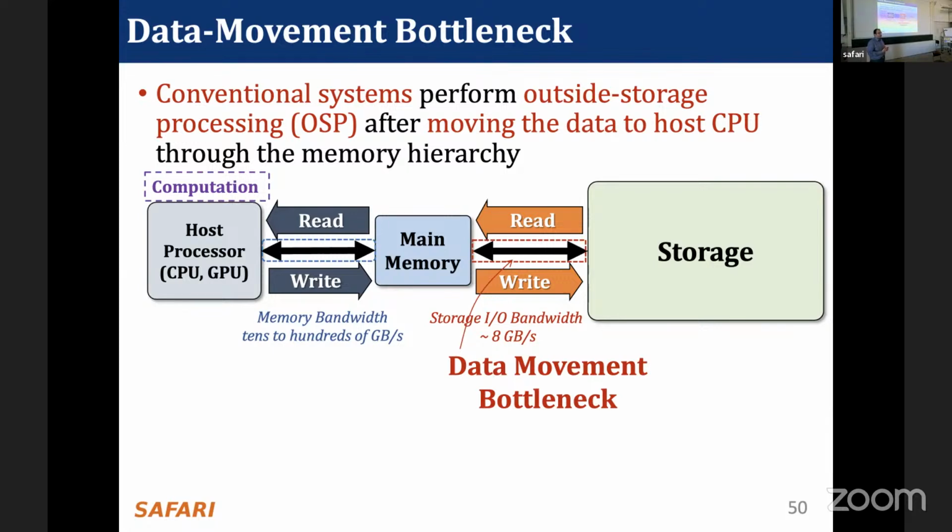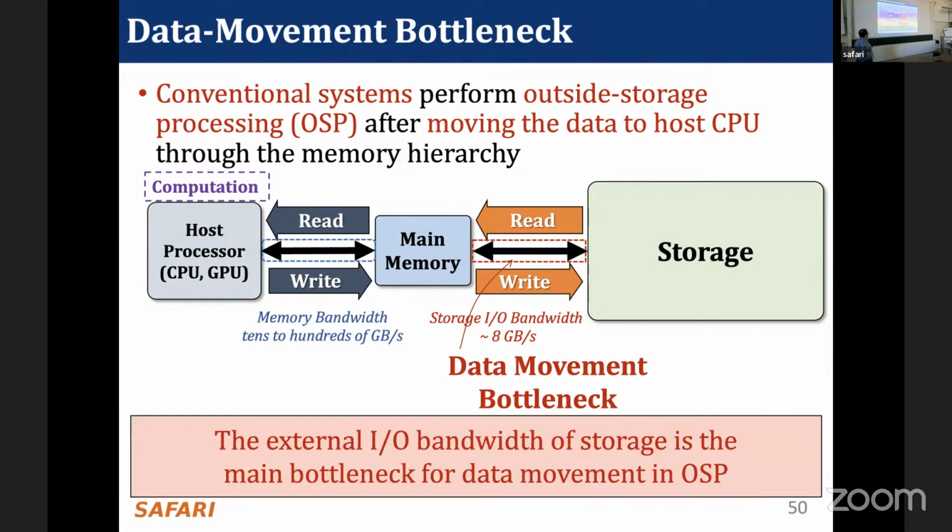But if your data is originally stored inside the storage, and it's not worth bringing your data to the main memory to do a lot of computation on it, you are bottlenecked by that I/O data movement. And we believe that for many of these bulk bitwise operations, we end up bottlenecked by this storage access.